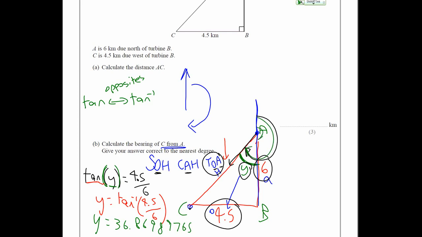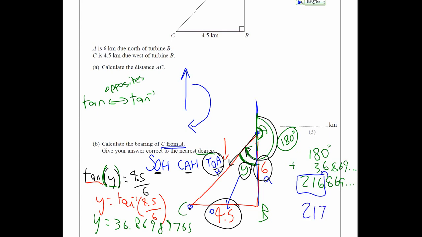This around a straight line, half a turn, is 180 degrees, so we've got to do 180 degrees plus 36.869, etc. Okay, and you can do it on your calculator if you want. We want it to the nearest degree, so it gives 216.869, etc. Nearest degree, this is what we want. The 8 is going to round up to 217 degrees as the bearing.